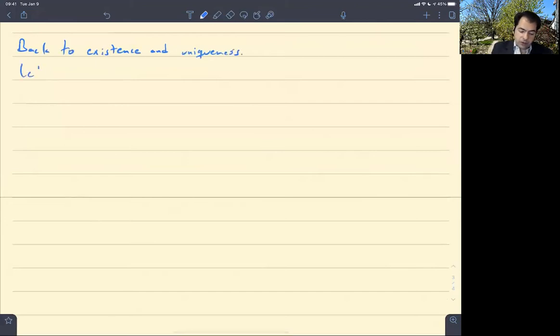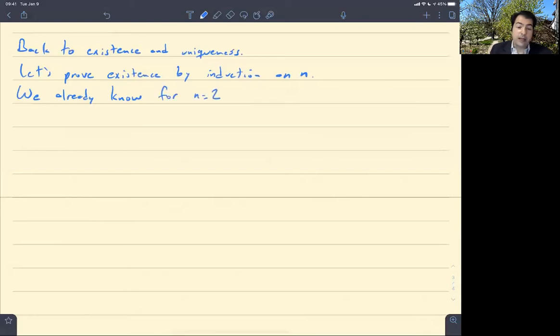Okay, so let's start by proving existence, by induction on n. We already know it for n equal to 2, because we wrote out the formula and checked that it satisfies all three properties.